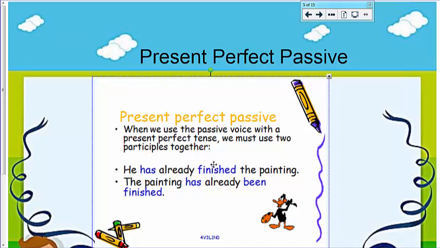He has already finished the painting. Here we have the past participle of the verb. Look how we change the sentence. The painting has already been finished. Has been and finished. Look at been and finished. They are two participles.